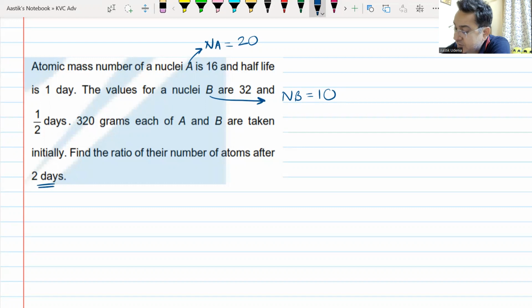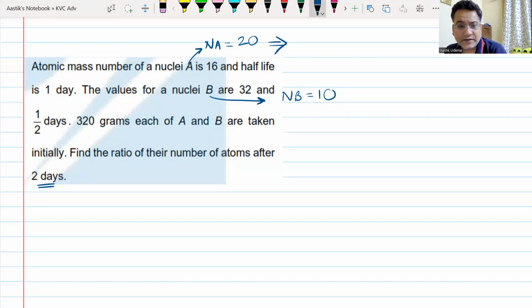After 2 days, what will be the number of nucleus of A left? Take a deep breath. Close your eyes. Open them. Look at the question and tell me the answer.